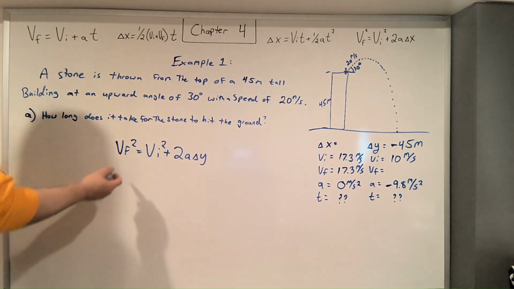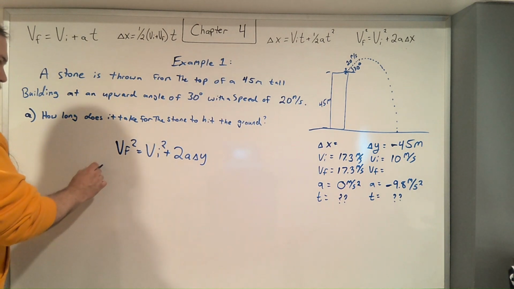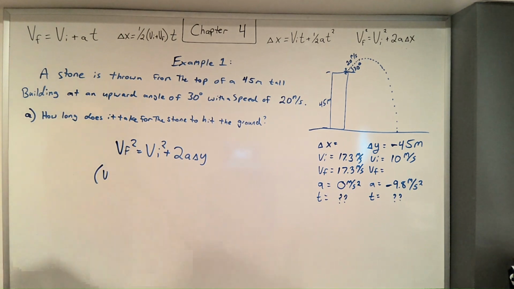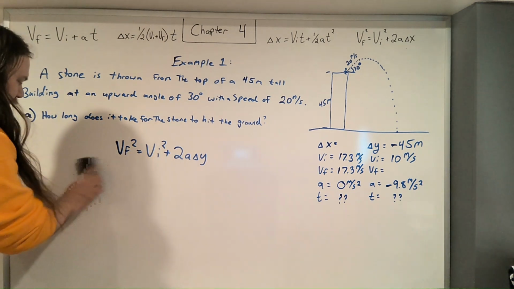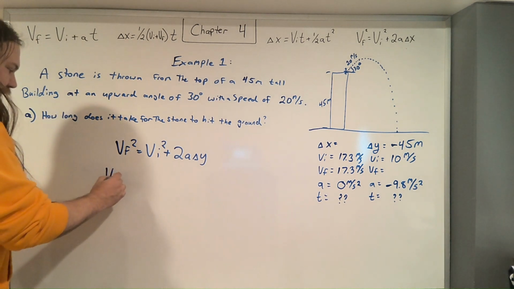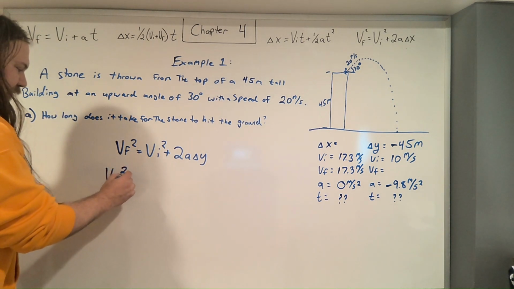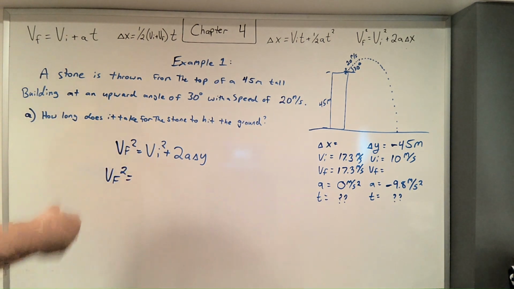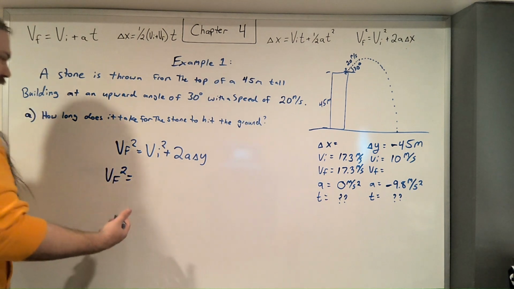So VF squared is what I'm looking for. I guess I don't need to put in parentheses if it's the variable I'm looking for. And again, we're doing all this to eventually get to time. I'm running into roadblock after roadblock. I'm just doing this as the example of when you hit a roadblock, keep going, keep making the progression, keep following it through.